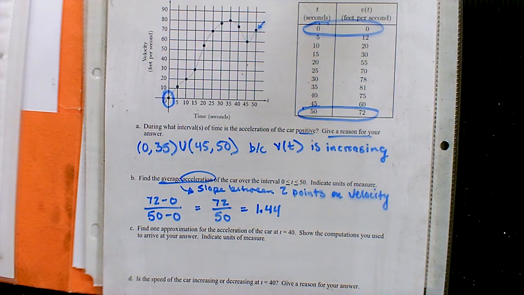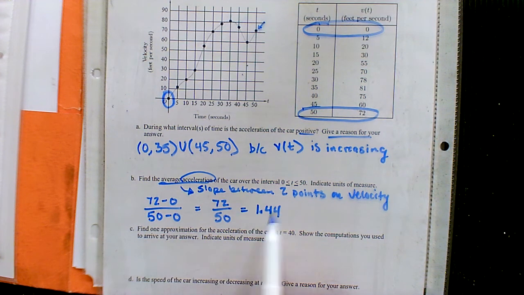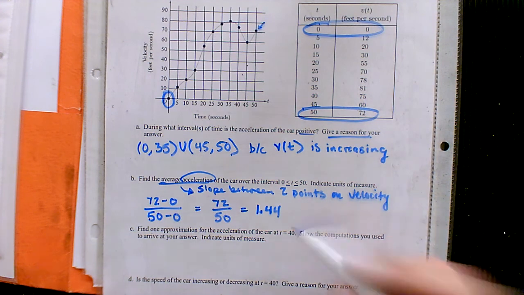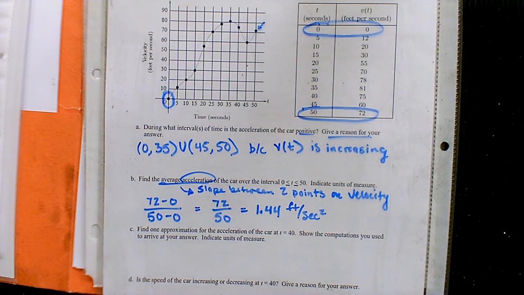Now they also want us to do units of measure. So if this number is representing average acceleration, this is an acceleration value. So we need an acceleration unit. Feet per second squared. Good. We did okay? I'll take the silence as yes.